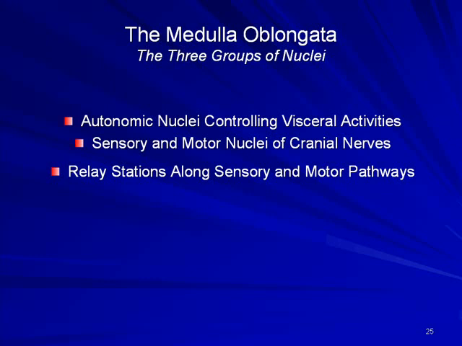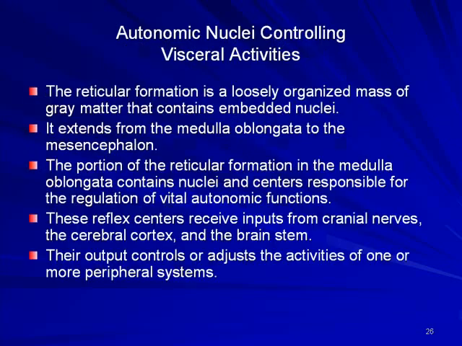Cranial nerves come directly off the tissue of the brain versus spinal nerves, which come off the spinal cord. So most of the nuclei of the cranial nerves are located in the medulla oblongata. And then there are some relay stations in the medulla involved in the sensory and motor pathway. We'll just touch upon some of those briefly.